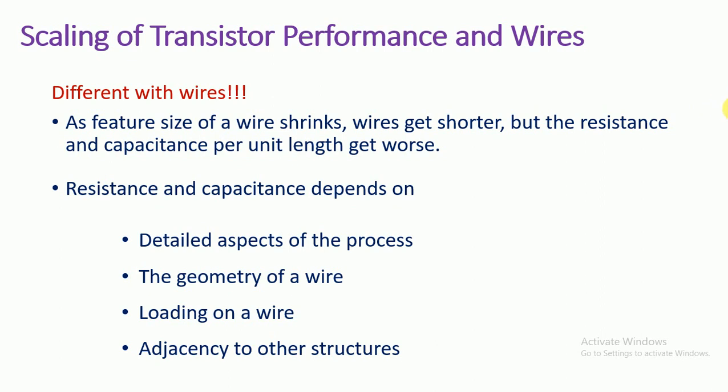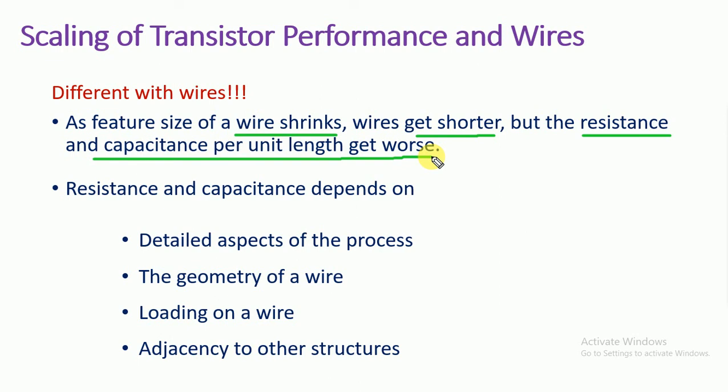Now we have a comparison with wires, just for comparison between transistors and wires. What is the difference with wires? As the feature size of a wire shrinks, the wires get shorter. But the problem is that their resistance and capacitance per unit length get worse if the size of the wires is reduced.